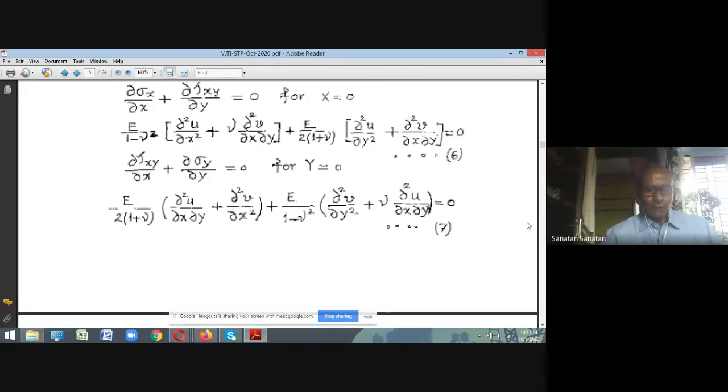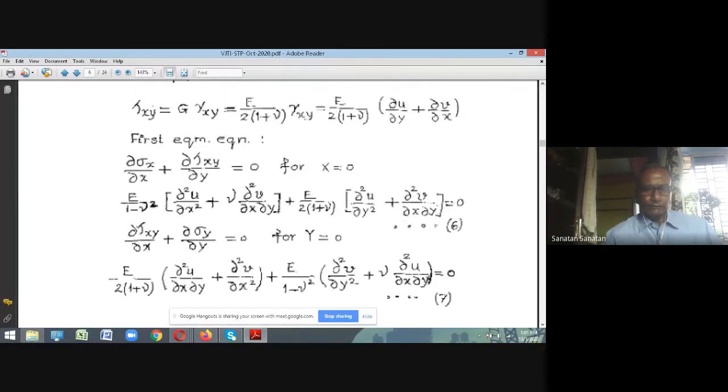I again wanted to stress one more point. When you work in terms of stresses, the equilibrium equations are first order differential equations. But when you write them in terms of displacements, the equations are second order partial differential equations.